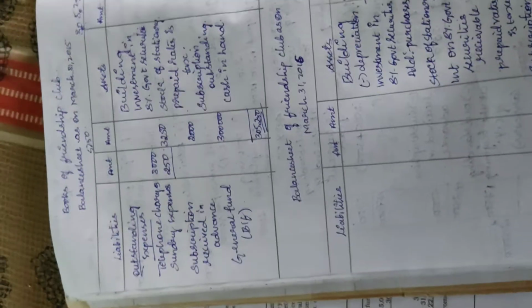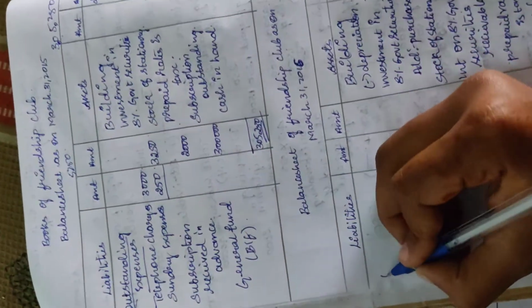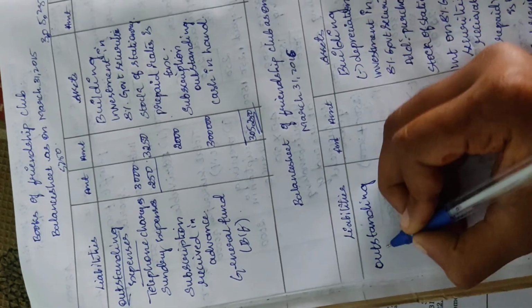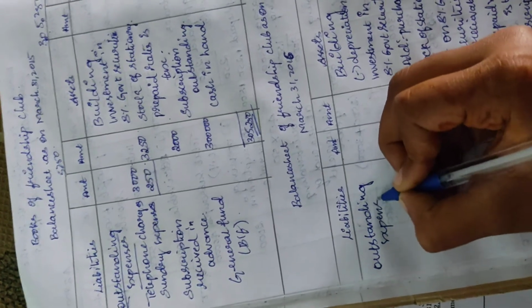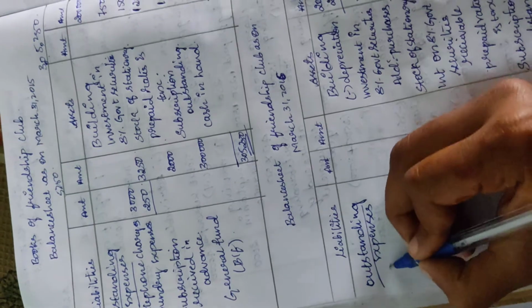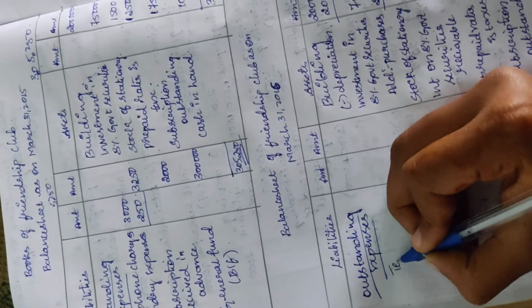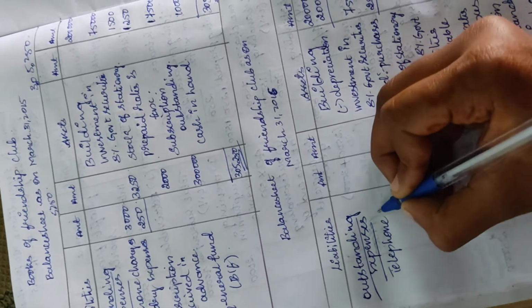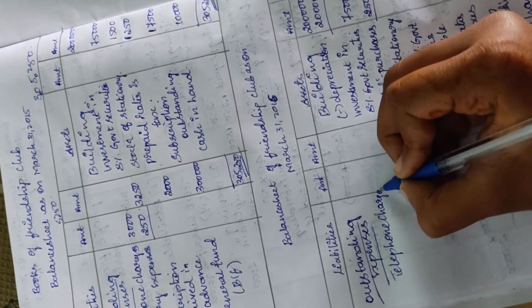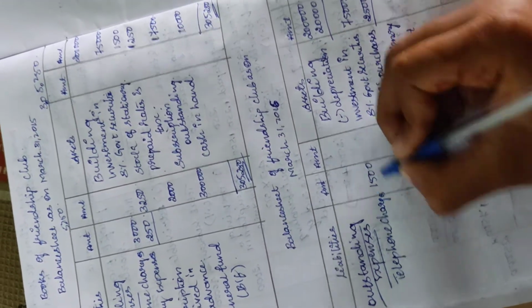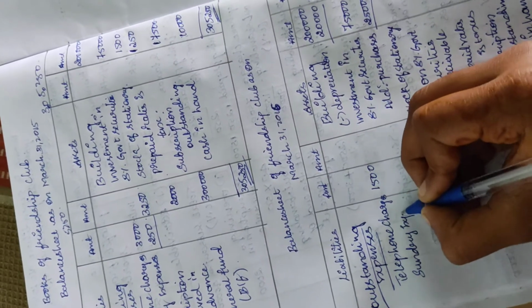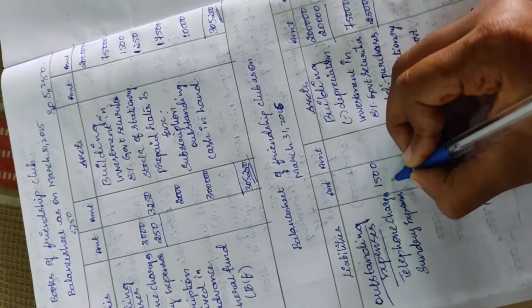Now let us see the liabilities side. So outstanding expenses we have. The prepaid is an asset, the outstanding is a liability. So outstanding expenses we have two, that is telephone charges and sundry expenses. The telephone charges is 1,500 and the sundry expense for 2016 is 300.